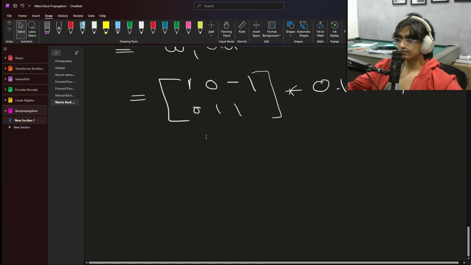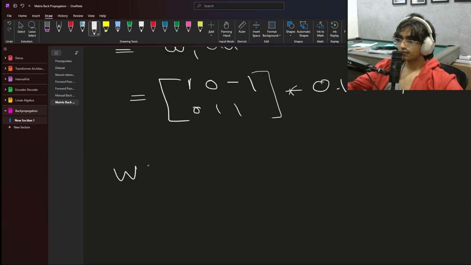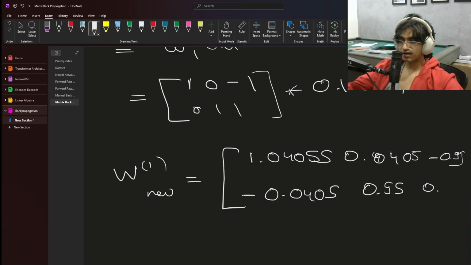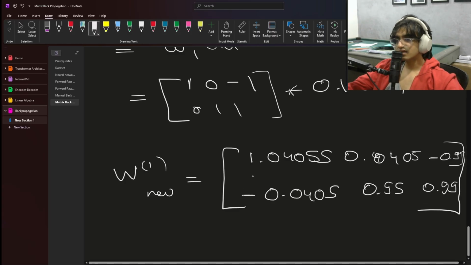Your W1 new is going to be 1.04055, 0.0405, negative 0.99 approx, then 0.4055, 0.95, and again 0.99 approx. So these are the new weights.